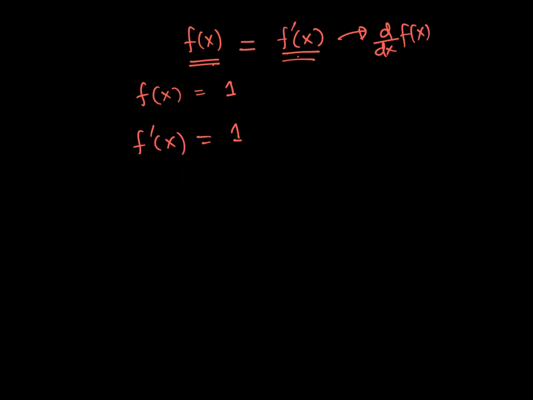So we had just equated this. We had said that f of x equals 1, and for this condition we are also saying that f prime of x also has to be 1. But as you can see, if I differentiate this, I would not get 1, right? I would get 0. So what I'm trying to say is that if I differentiated this function, I would not get 1.